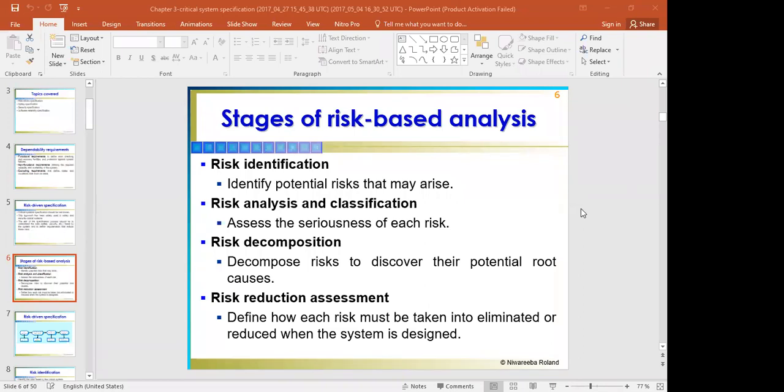Risk identification: identify the potential risks. Analysis: assess how bad this risk is. Decomposition: what's the root cause? And then reduction assessment: you're going to determine the requirements that are going to be used to remove or reduce the risk.